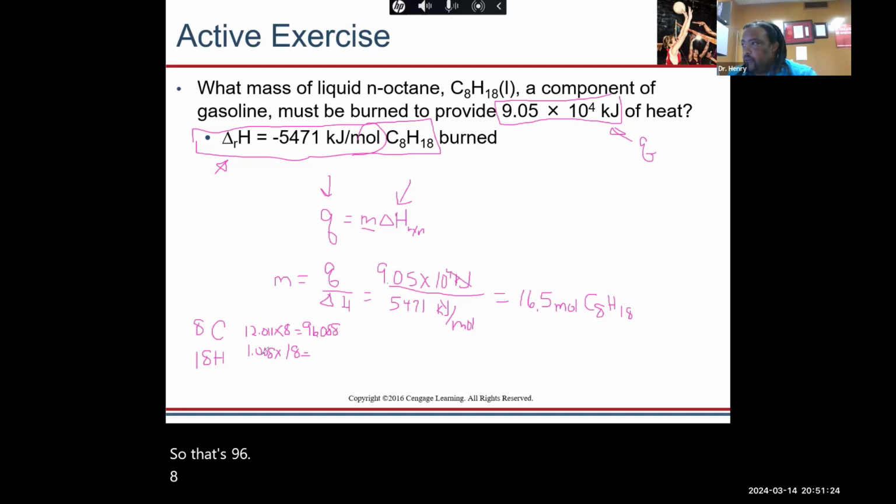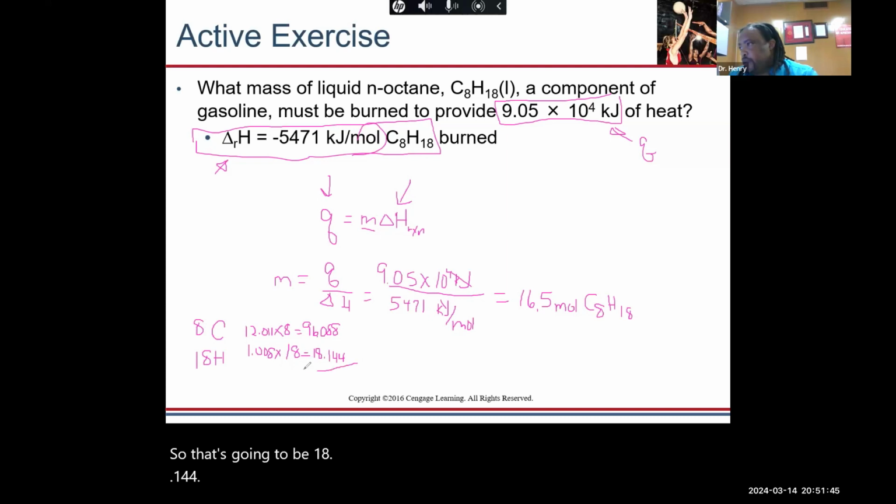And then 1.008 times 18 is going to be 18.144.